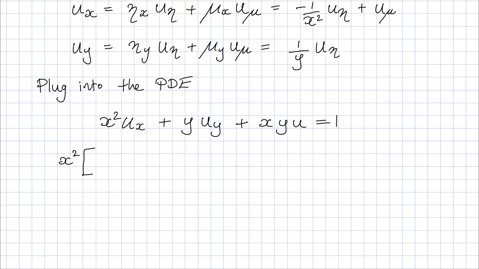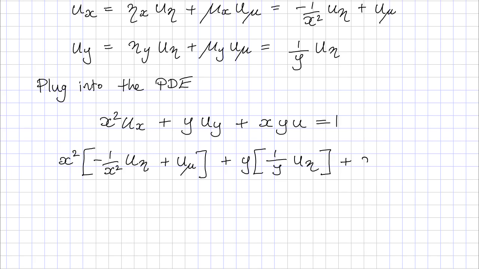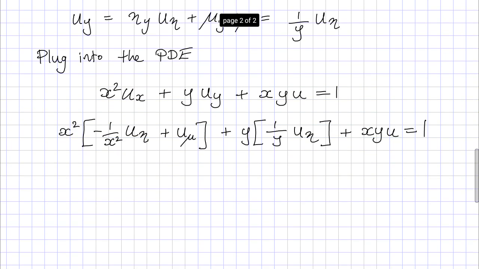So this is minus 1 over x squared du by d eta plus du by d mu. Then we've got y times du by dy, and du by dy we're saying is 1 over y du by d eta. And I'm just going to leave this in terms of x and y for the moment and just worry about the derivatives to start off with.